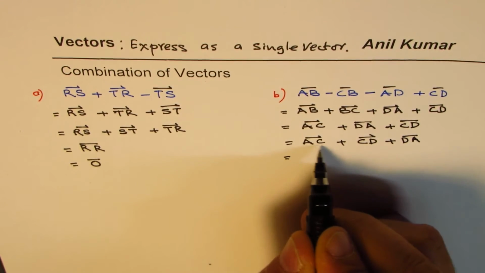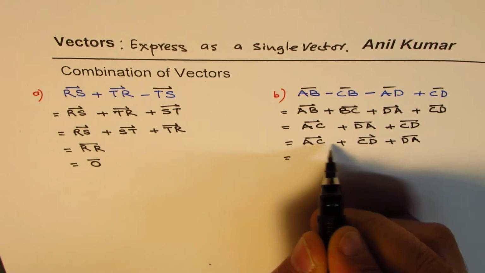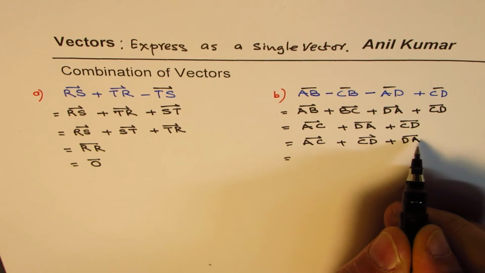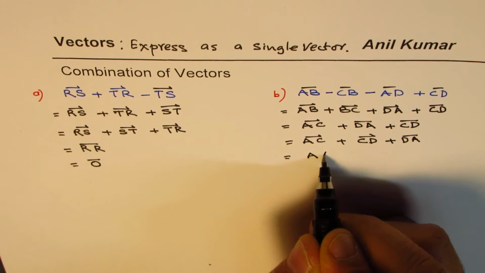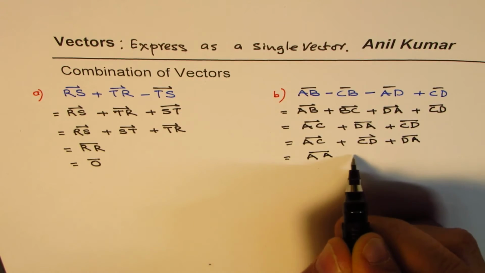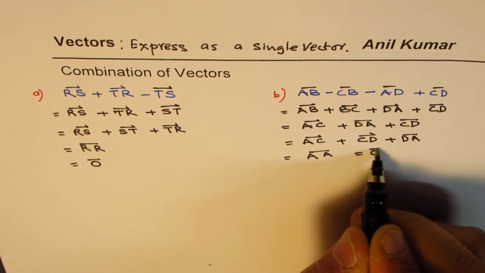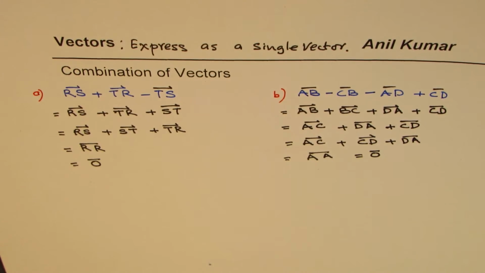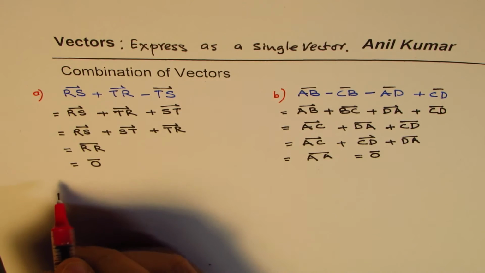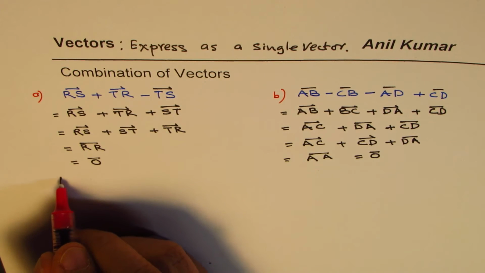So as you can see, A to C, then from C to D, and then from D to A. That means we start from A, end up at A, and that is again a 0 vector for us. So that is how you can combine them and write them as a single vector.